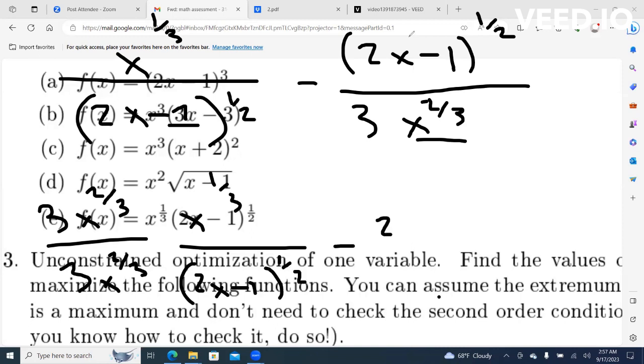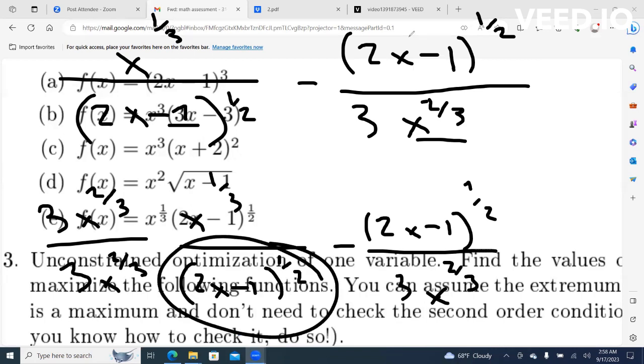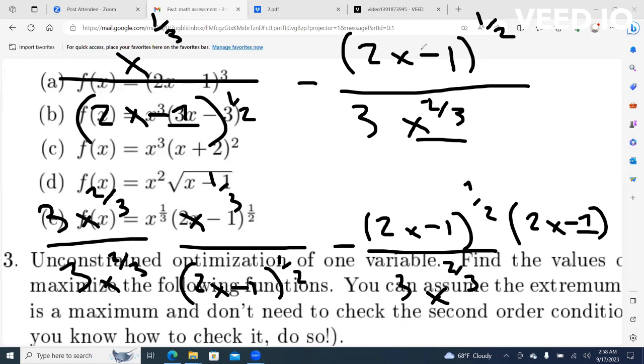Minus 2x minus 1 to the 1/2 over 3x to the 2/3. So we need 2x minus 1 to the 1/2 over 2x minus 1 to the 1/2.